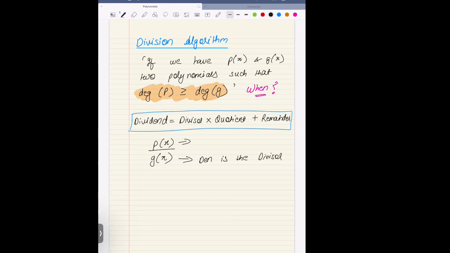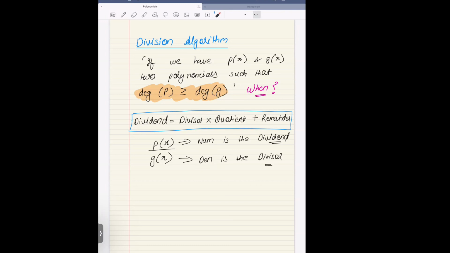And what is being divided, that is the numerator, is the dividend. We will see quotient and remainder again. So this is remembered by numerator and denominator: numerator is the dividend, denominator is the divisor.